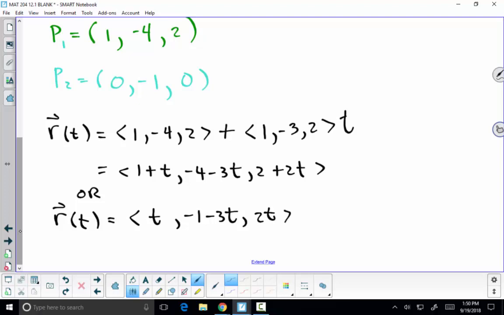When you look at this, how could we convince ourselves that those two lines are identical? We know they're both lines, and two points determine a line. So we could find two points on this line, and then verify that those same two points are on this line.